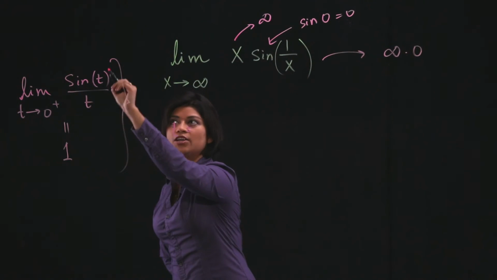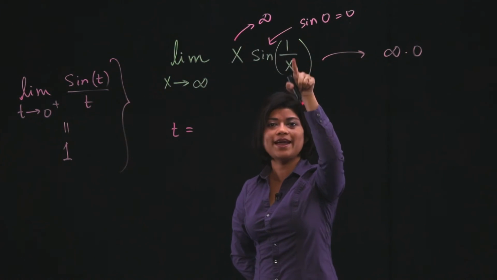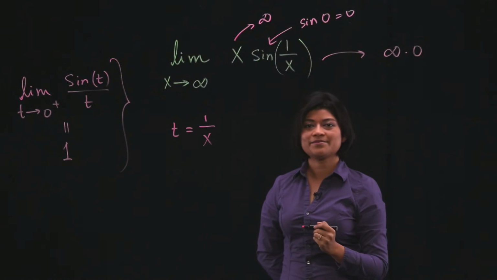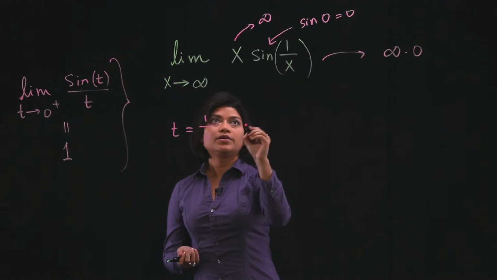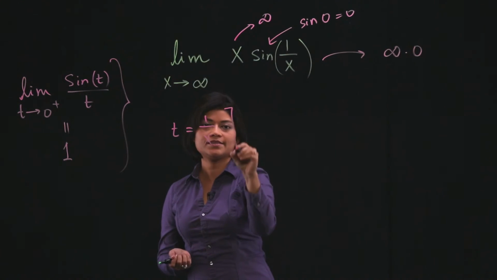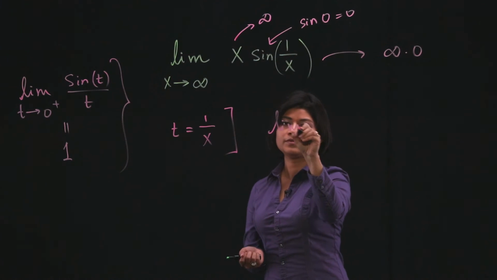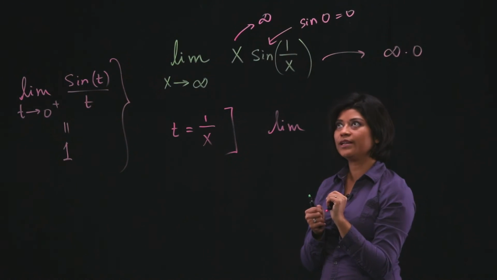So the clue is right here. Look, we want sine of t, but we have sine of 1 over x. So why not say t is 1 over x? If we do that, let's see what happens. We'll discuss what limit it is in a few minutes.